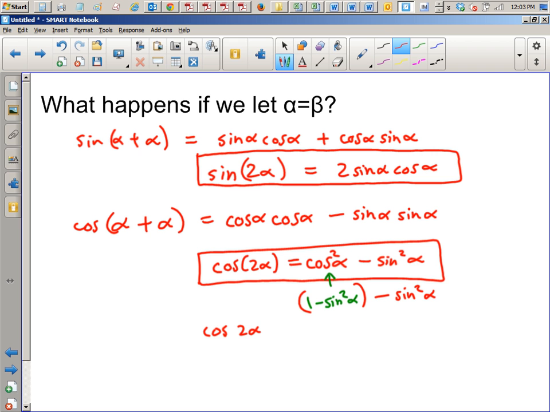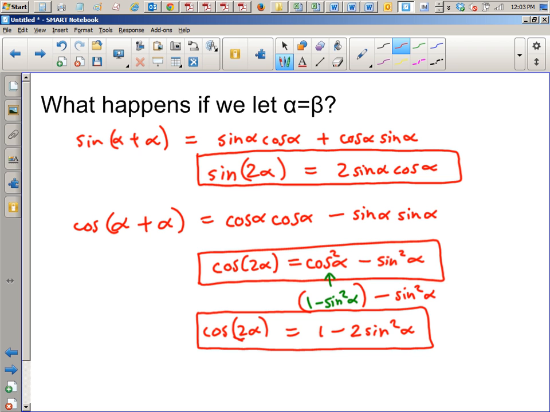Cosine 2 alpha equals 1 minus sine squared minus sine squared. In other words, 1 minus 2 sine squared alpha. So what I'm saying is there's another version of this same formula: 1 minus 2 times the sine of the angle squared.